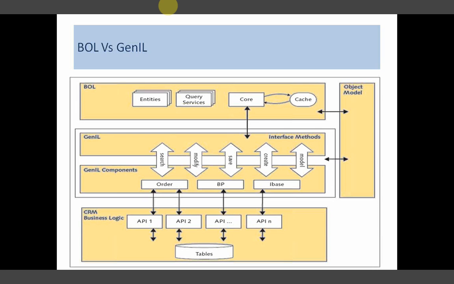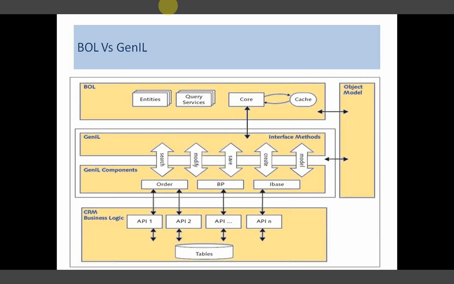Whereas in a dynamic query, you can put, for example, contains 1, or less than, or greater than, so you can have logical operators in a dynamic search. So here BOL also has a service for search criteria, that is, the query services.